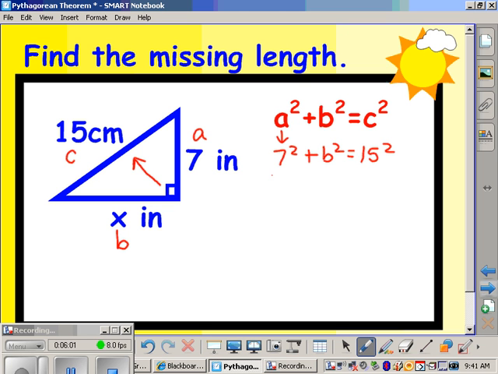Simplifying the 7 squared and 15 squared gives us 49 plus b squared equals 225. If we then subtract 225 minus 49, we can then find out what we have left on the right side of the equal sign.